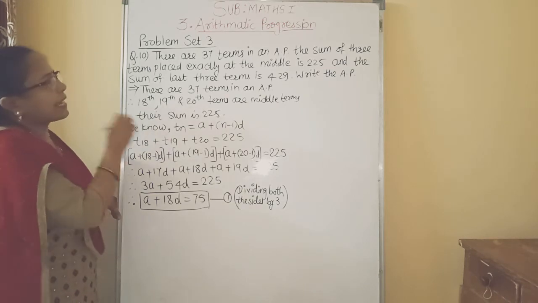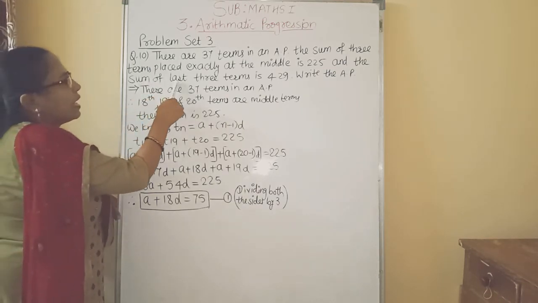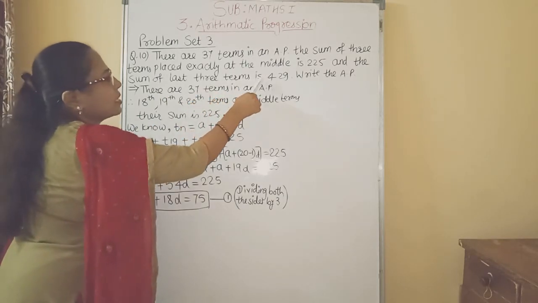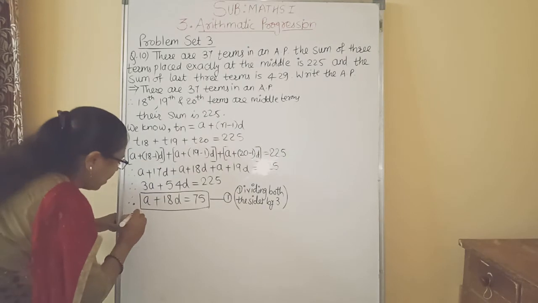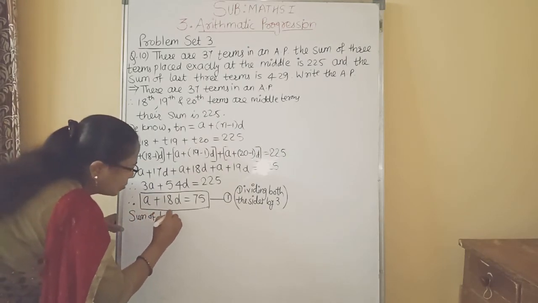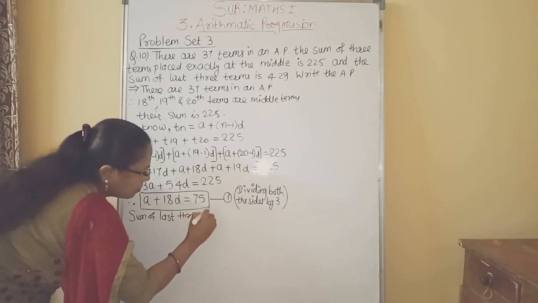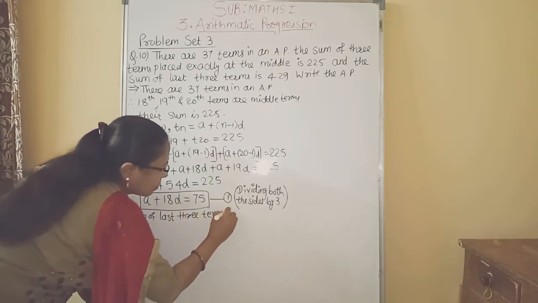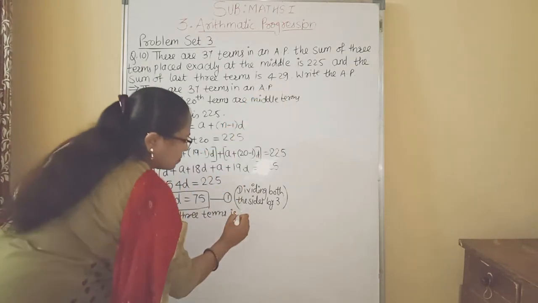Okay. Now second condition. The second condition is sum of last 3 terms is 429.